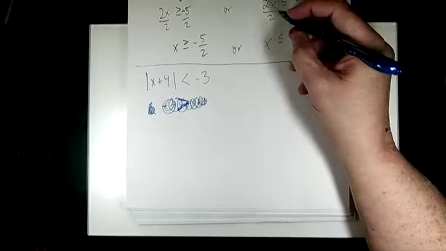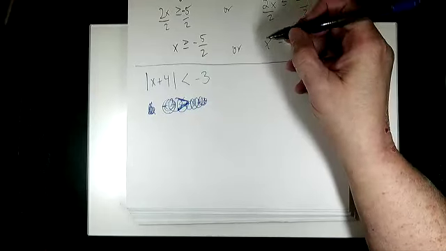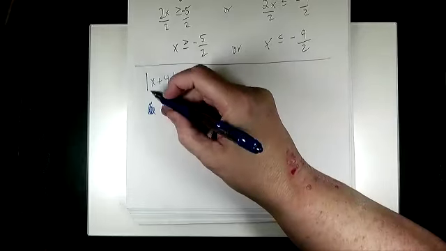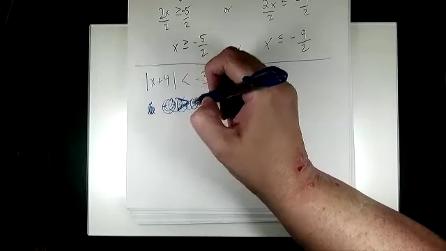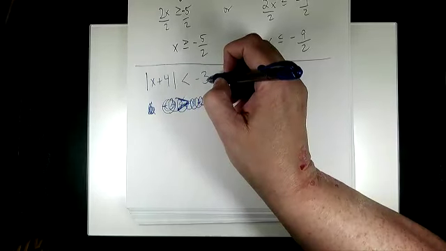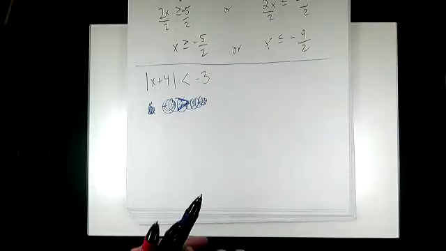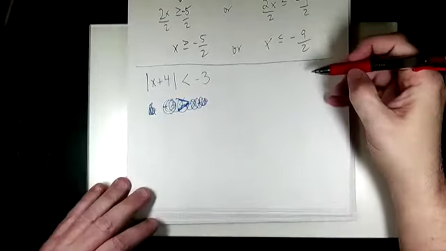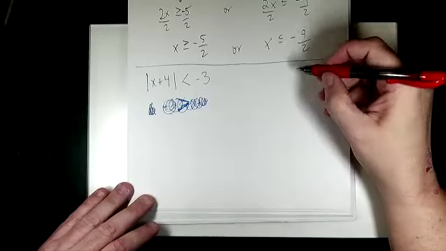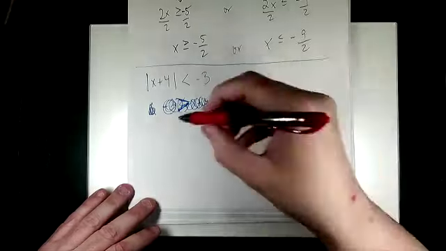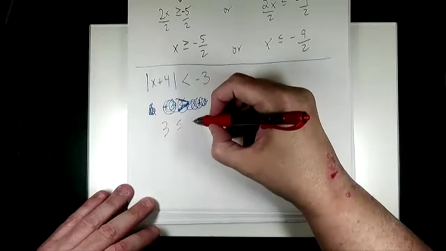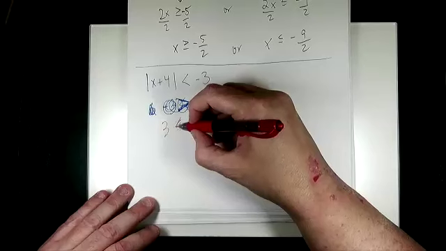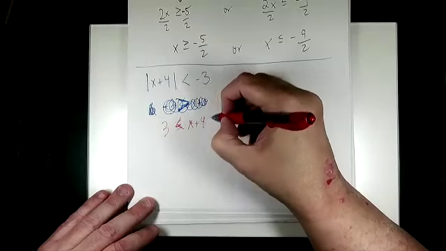Wait, so the first equation, wouldn't it be negative 3 is greater than x plus 4? Why? I don't know why. I just know the first one is the opposite sign, and then the second one is the same sign. So you're wanting to do 3 is less than x plus 4, is less than negative 3?